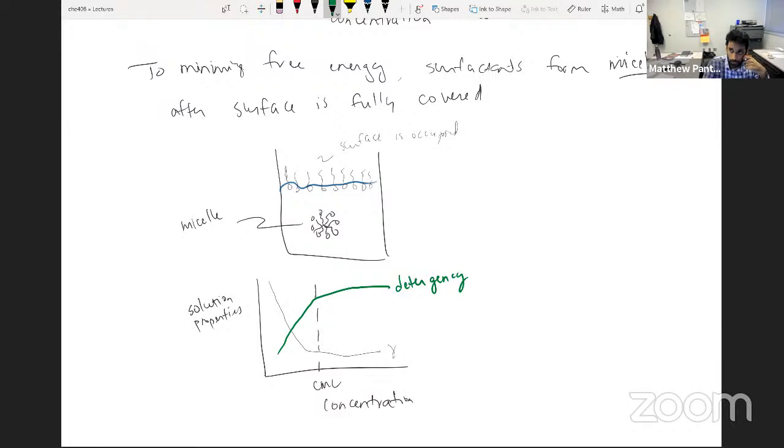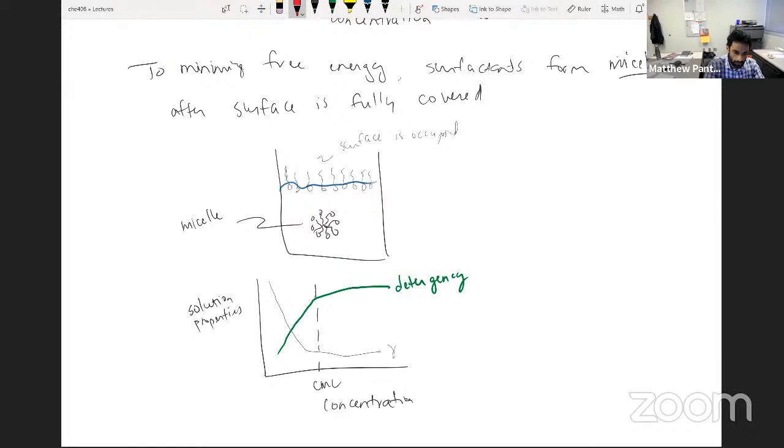So that comes into play when we're designing detergents or a system to wash clothes or dishes or clean anything. We want to design this detergent system such that we can get as high a concentration of these surfactants without forming micelles. So avoiding the formation of micelles in the case of cleaning things is favorable. In other cases we want to form micelles, and we'll get into that later.